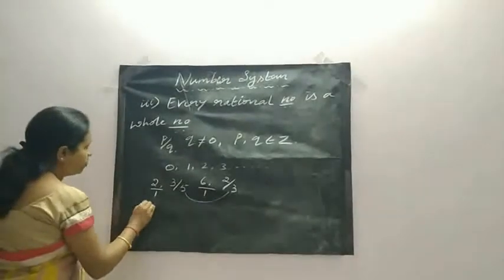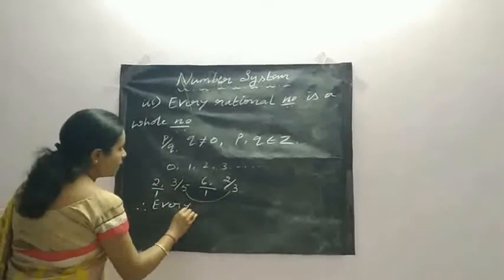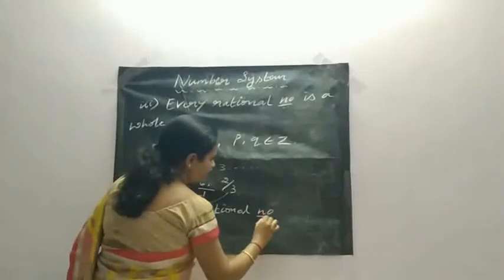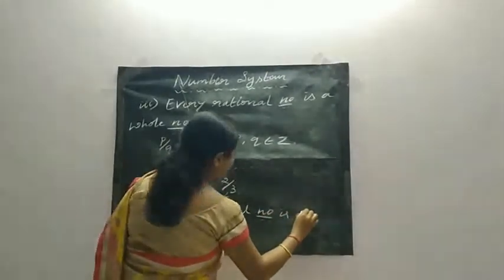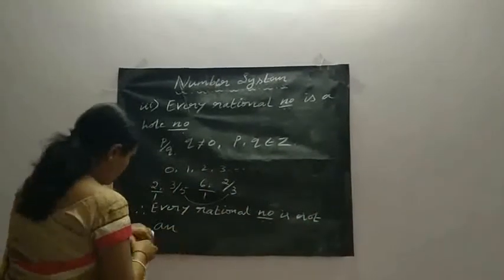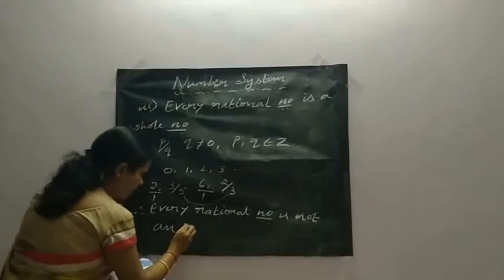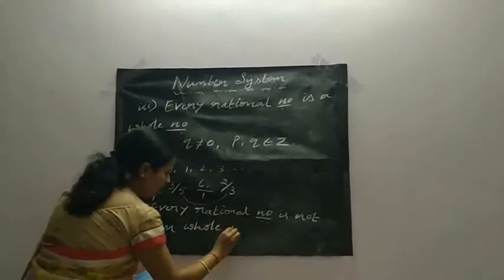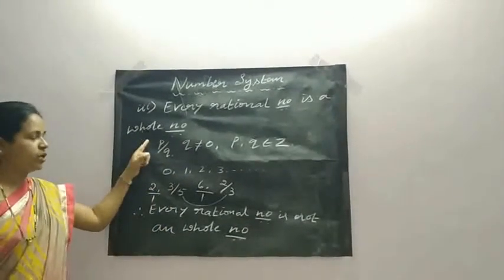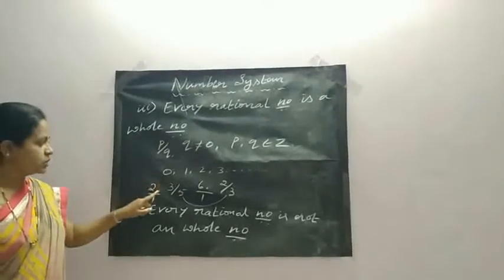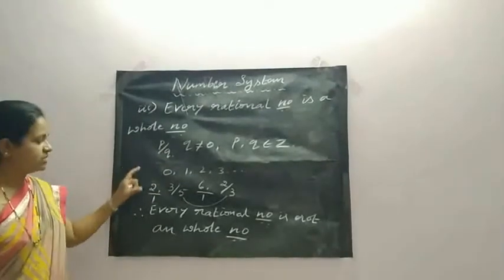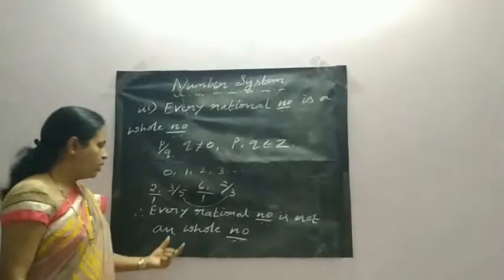So therefore every rational number is not a whole number. Okay, did you understand, children? Because rational number means there will be a numerator as well as a denominator, so there will be a fraction, whereas in the case of whole numbers there will be no fraction. So from this we can conclude that every rational number is not a whole number.